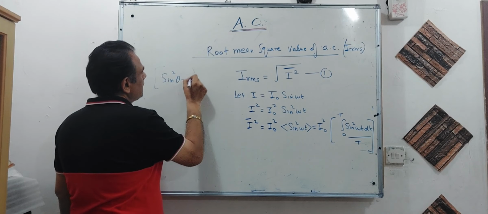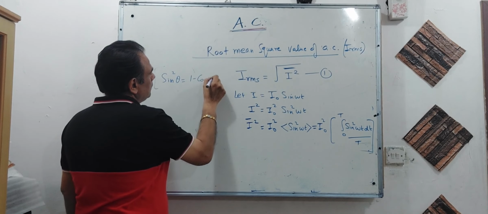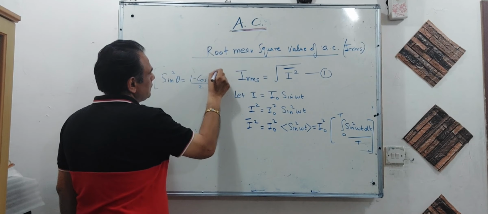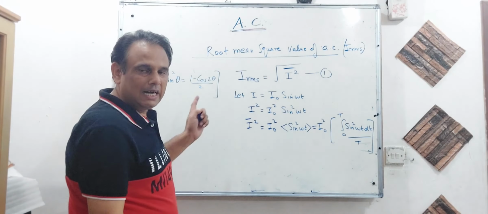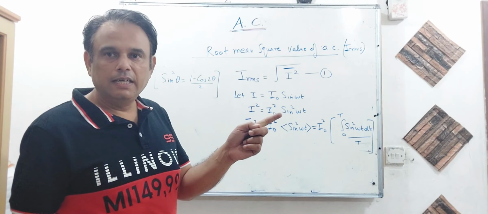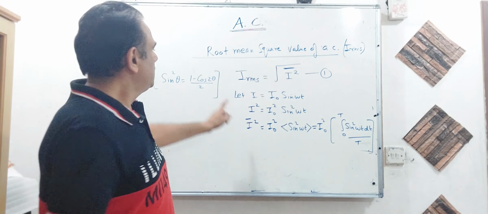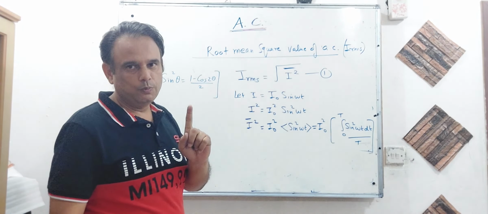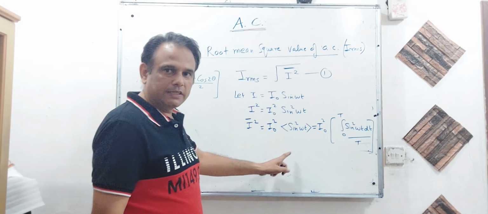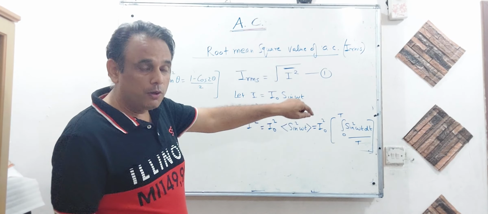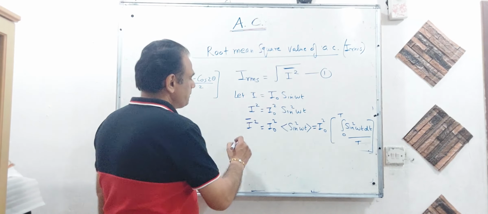Sin square theta equal 1 minus cos 2 theta by 2. I can always write sin square theta in a single value of cos function, 1 minus cos 2 theta by 2. So I'm going to apply this here. Please pay attention.